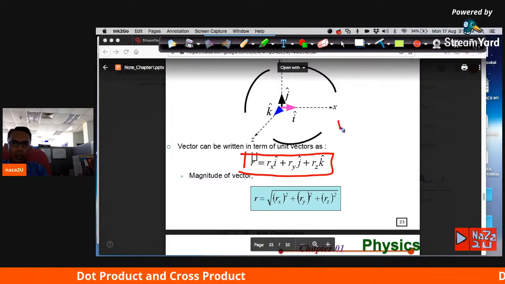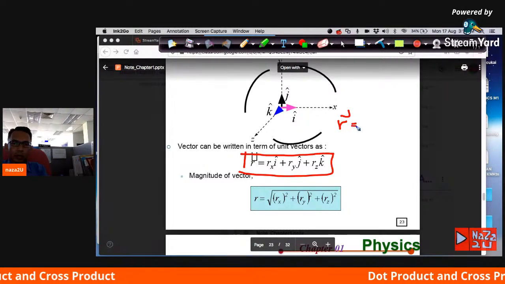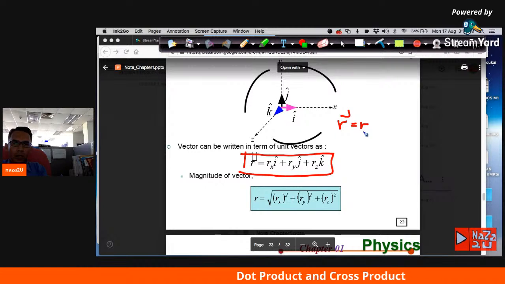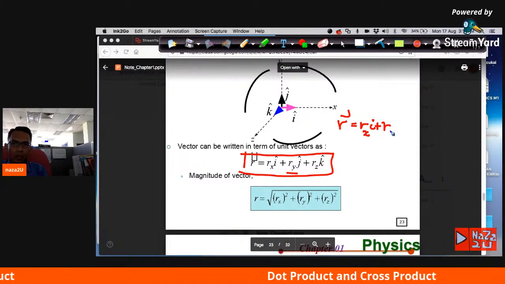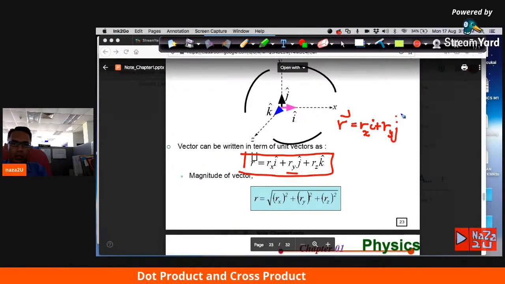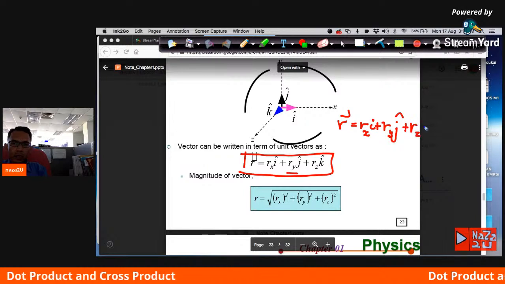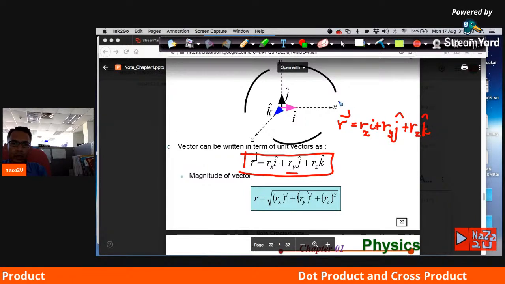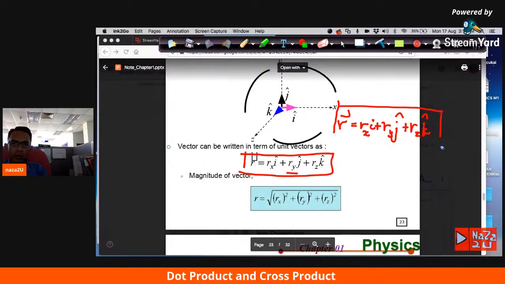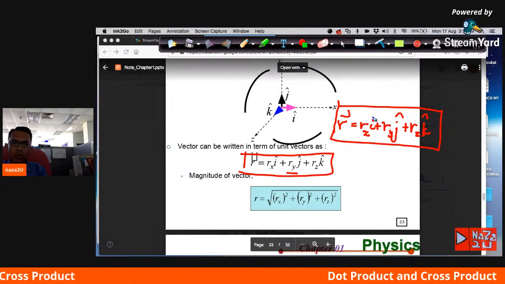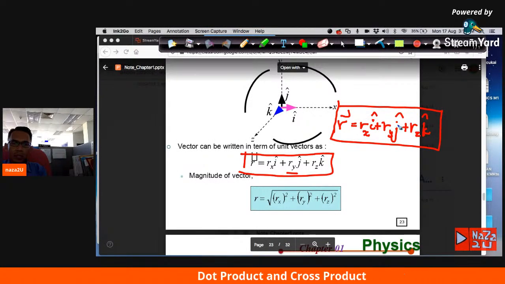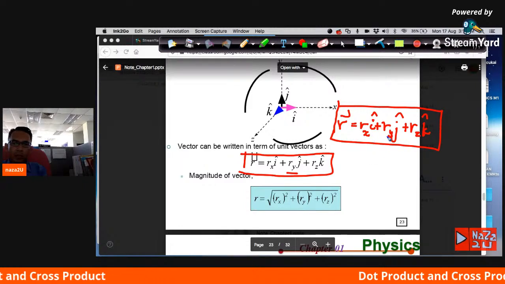Vector r is equal to r_x i plus r_y j plus r_z k. So this is how you can write vector r with the unit vectors i, j, and k. So we have 3 components here, x, y, z.